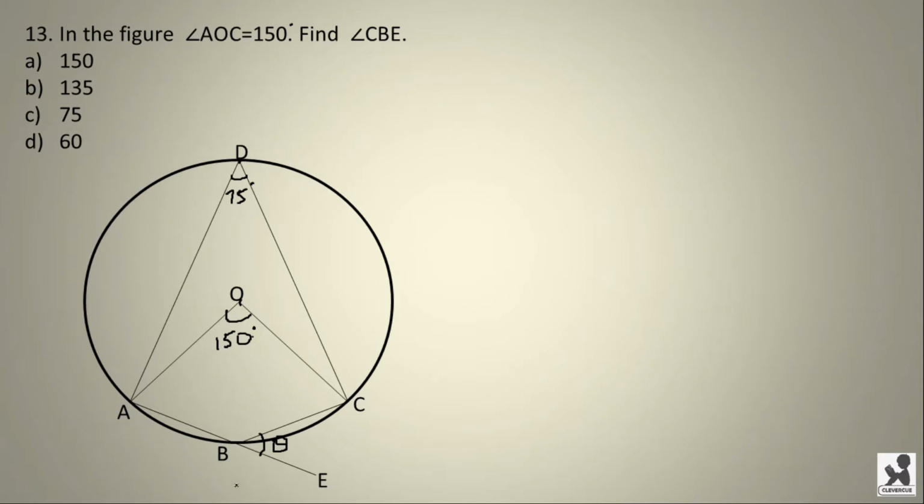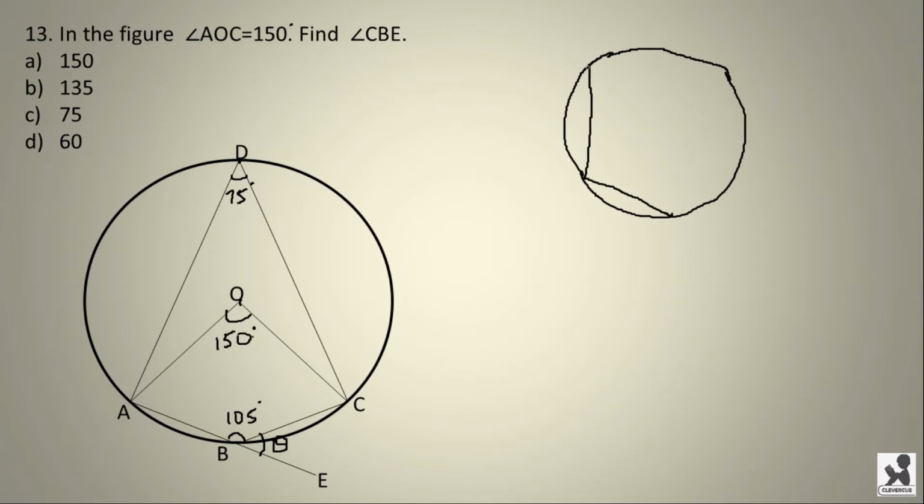And since this is a cyclic quadrilateral, the angle B will be equal to 180 minus 75, that is 105 degrees. So this is another concept. In a cyclic quadrilateral, the sum of opposite angles will be equal to 180 degrees.